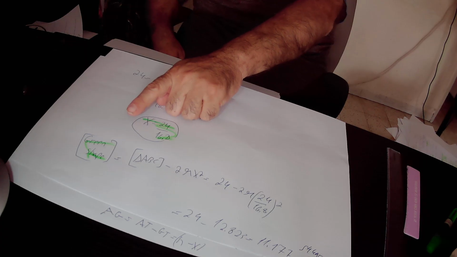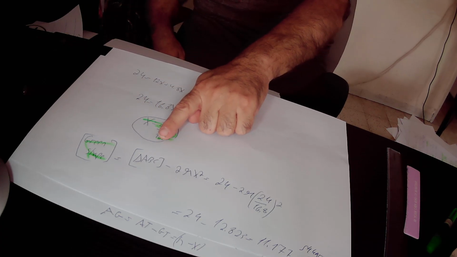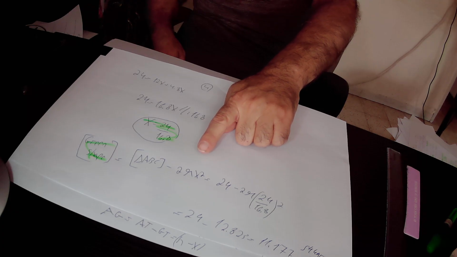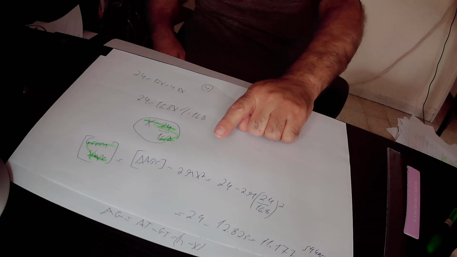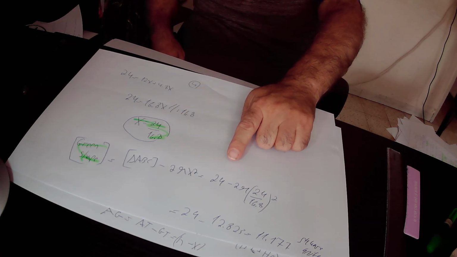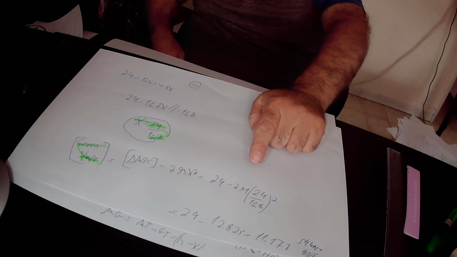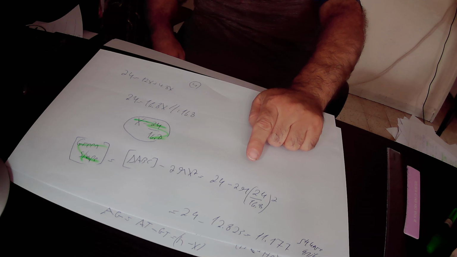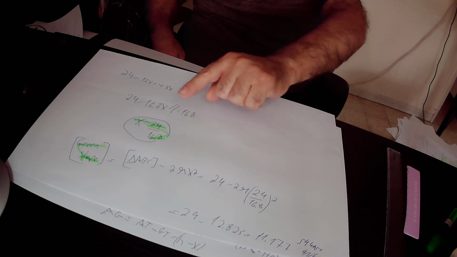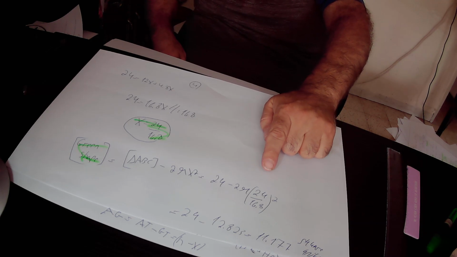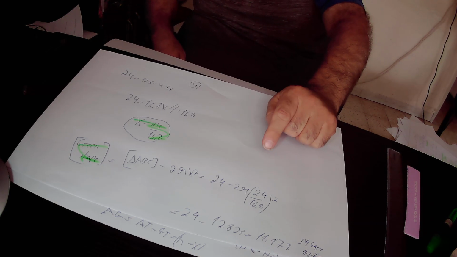Again, the area of the green shape equals the area of the right triangle ABC minus the area of the two circles, that is 2 pi x squared. We already found that the area of the right triangle ABC equals 24 square units. x is 24 over 16.8, therefore x squared is 24 over 16.8 squared.